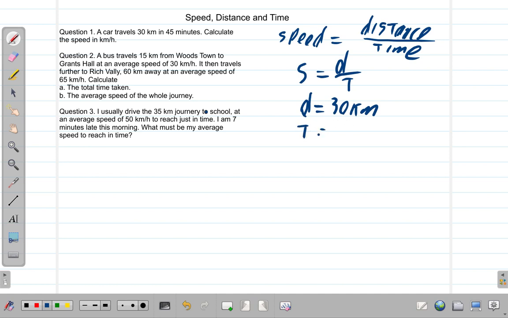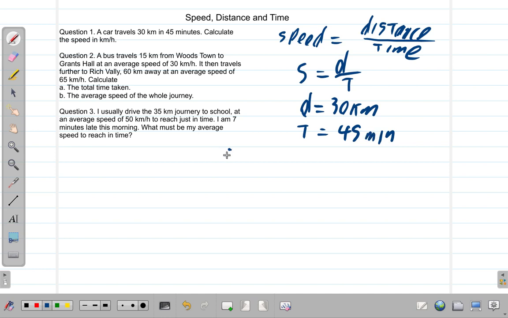Our time is 45 minutes. We need the time in hours, not kilometers. So we're going to have to convert the 45 minutes to hours.